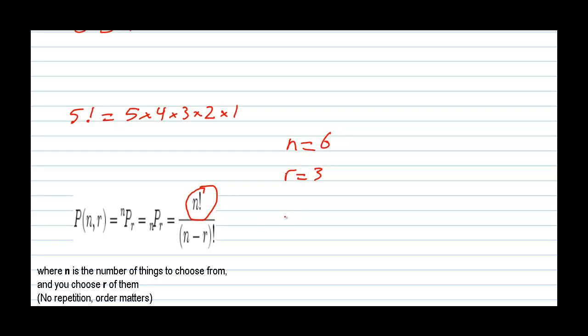So we plug everything into our formula, we're going to get P(6,3) equals 6 factorial over (6 minus 3) factorial, which equals 6 factorial over 3 factorial, which will equal 120. So now you know how to calculate permutations.